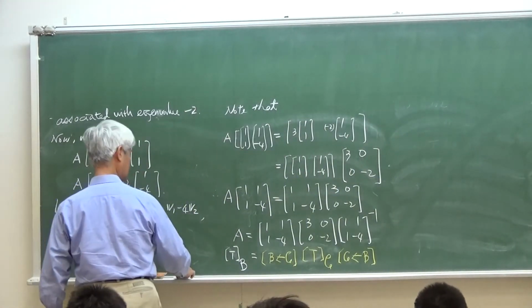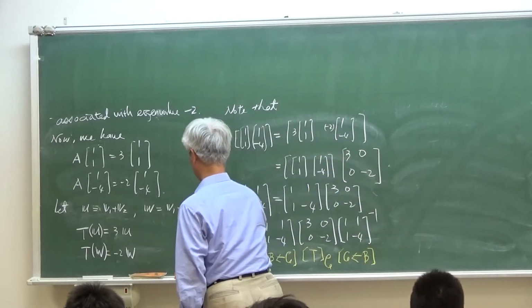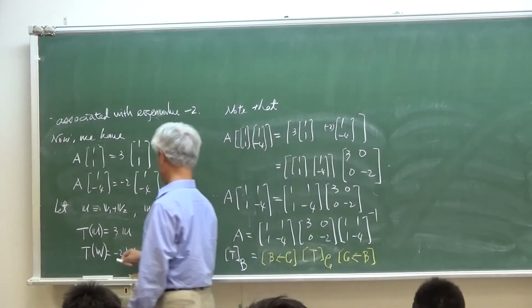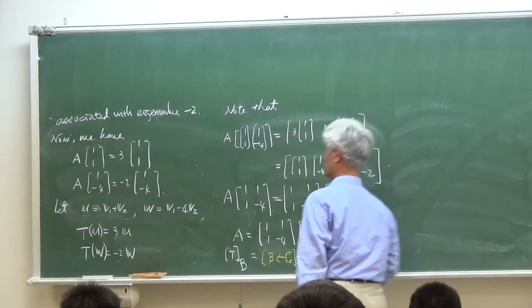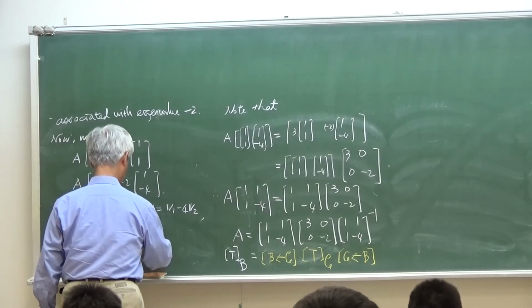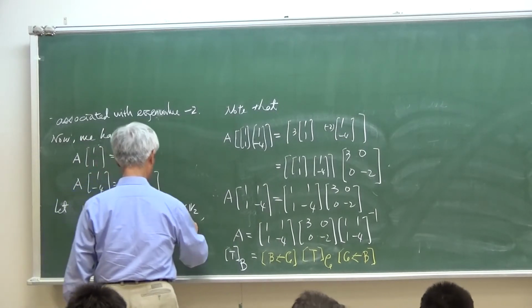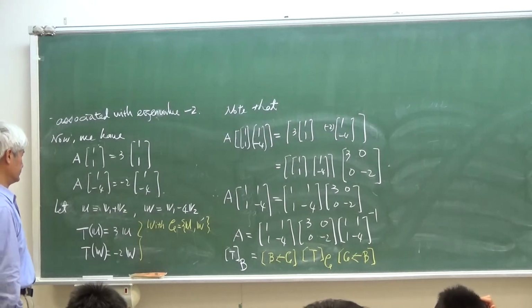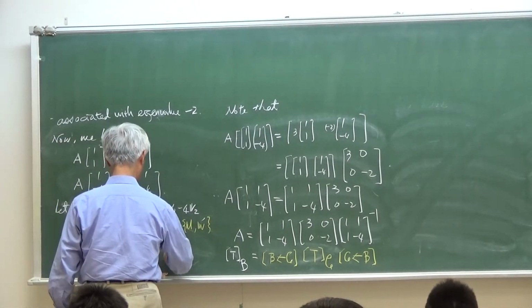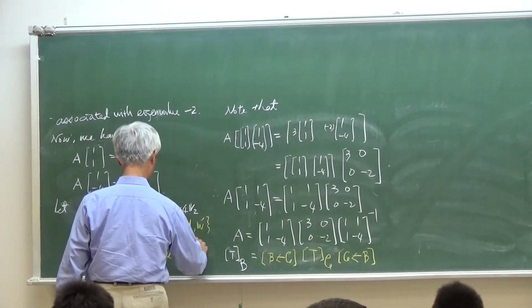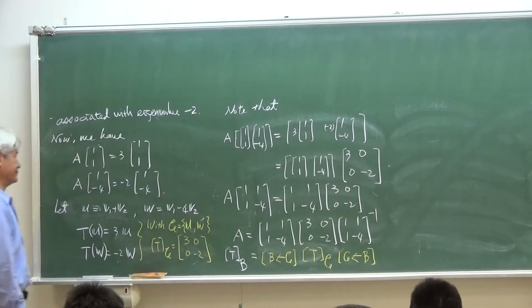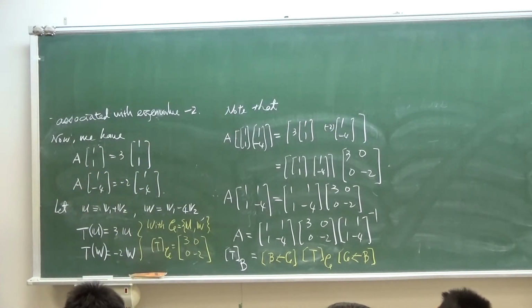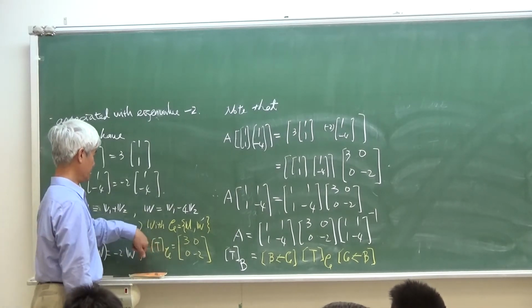And from here, with this one, this implies that with C equal to U and W, the matrix representation of C is just equal to 3, 0, 0, minus 2. Right? So this is the matrix representation.